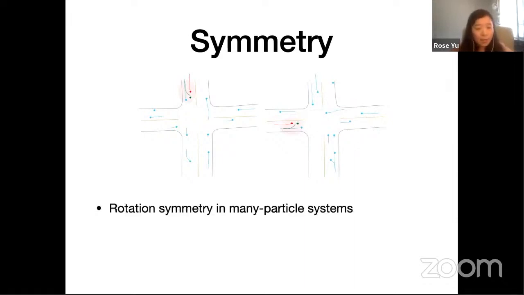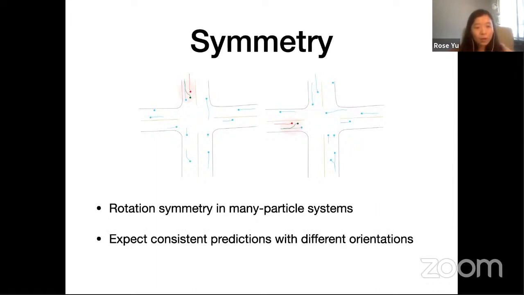That's the key insight that we use to develop the model in this paper, which incorporates rotation symmetry in these many particle systems. What we want is for the model to give consistent predictions with different orientations.